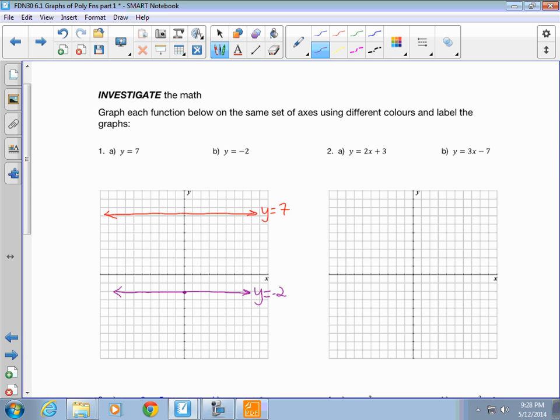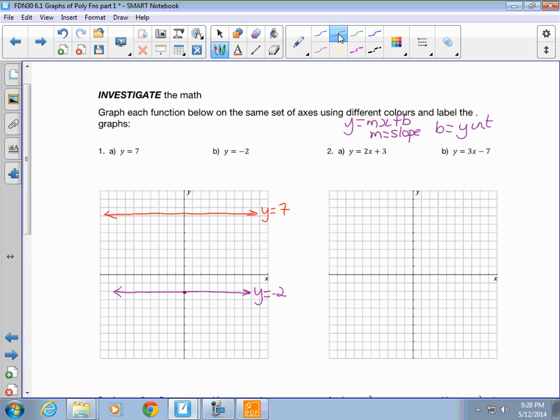2a, y is equal to 2x plus 3, and b, y is equal to 3x minus 7. These are linear. If you remember, this is from our slope-intercept form, where m is equal to your slope and b is equal to your y-intercept.